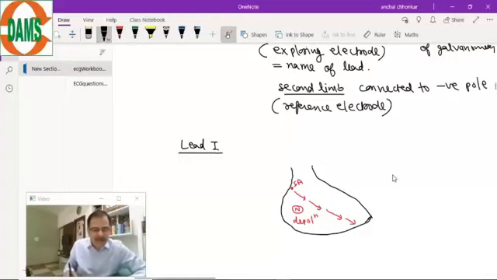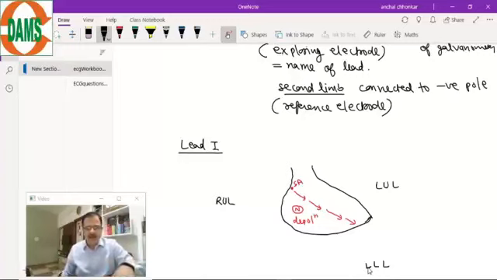Now coming to the limbs. So the limb placement will be, here is the right upper limb, here is the left upper limb, and here is the left lower leg. This you can make. So the heart is in the center, and we have three limbs: right upper limb, left upper limb, and left lower leg. The right lower leg we do not use to make the combination.